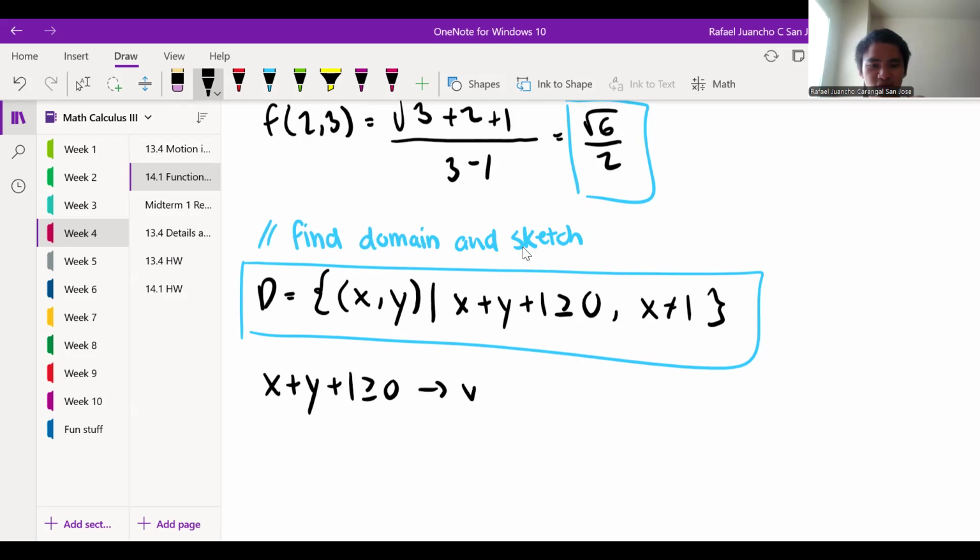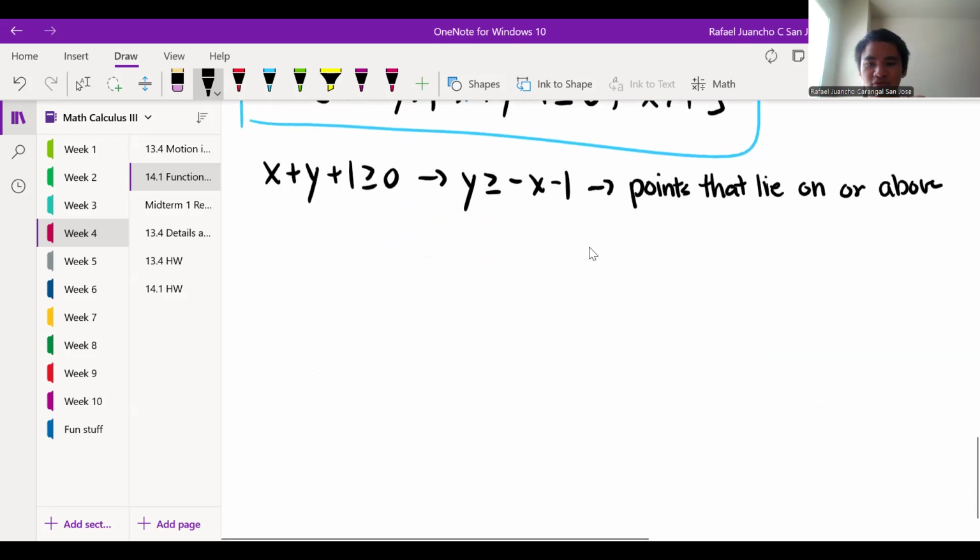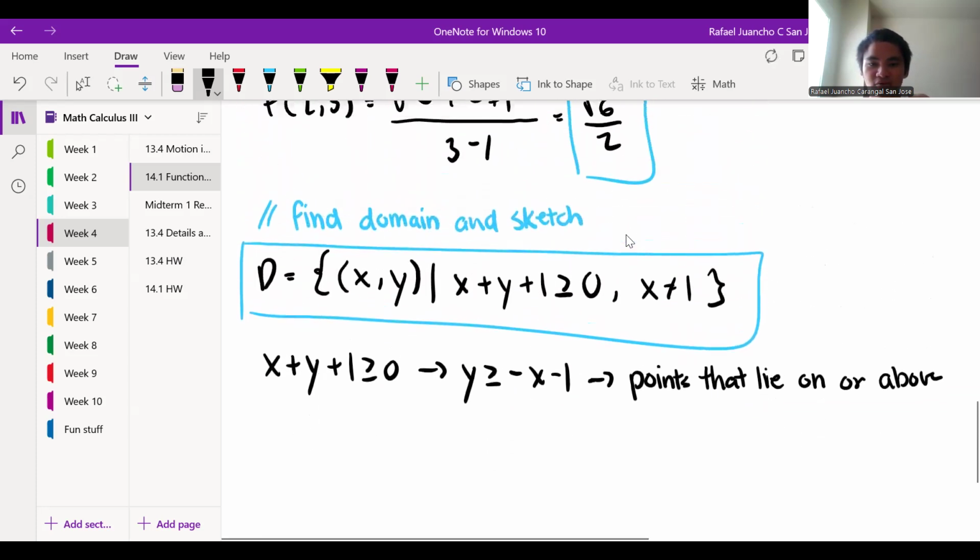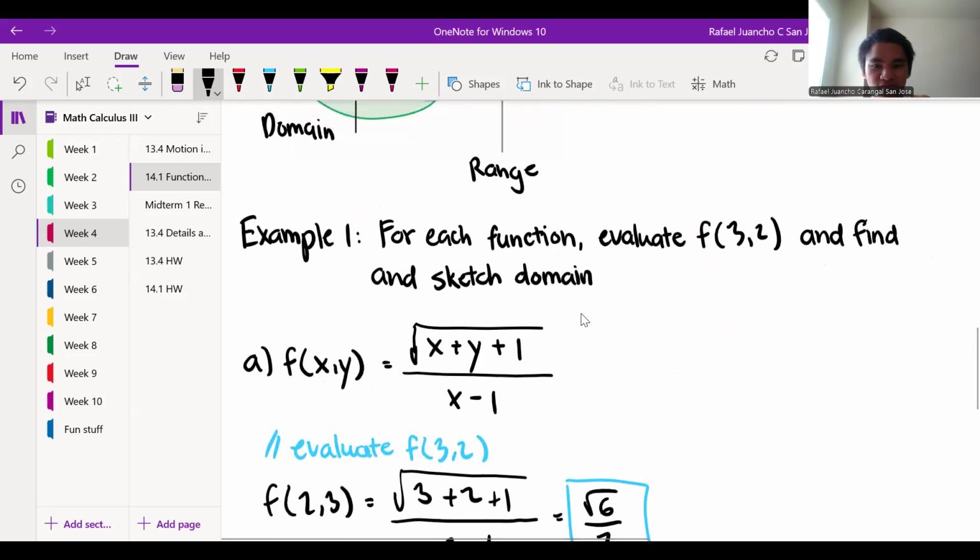This will give me y being greater than or equal to negative x minus 1. And here I describe the points that lie on or above the line. How do I know it's on? Because it's a line. How do I know it's above? Because we still have the z value that we haven't considered.